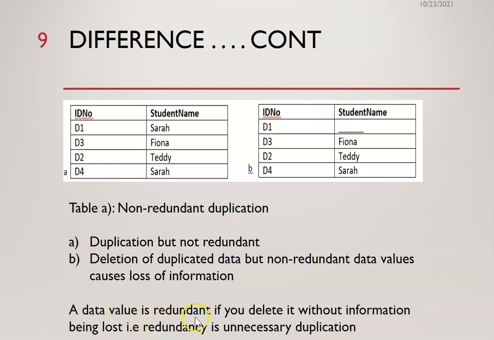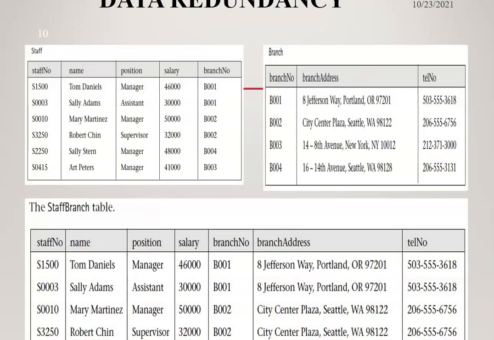So the data value is redundant if you delete it without information being lost. It would have been redundant if you had D4 Sarah and another row that had D4 Sarah. Then that data would have been redundant, because if we deleted just the one D4 Sarah record, we would have remained with the other record. So I think that kind of throws light on what exactly I am talking about.